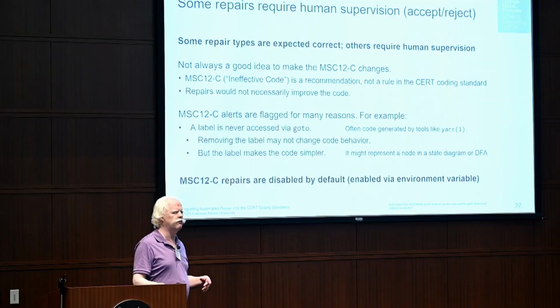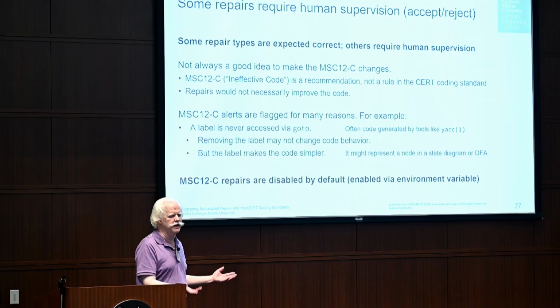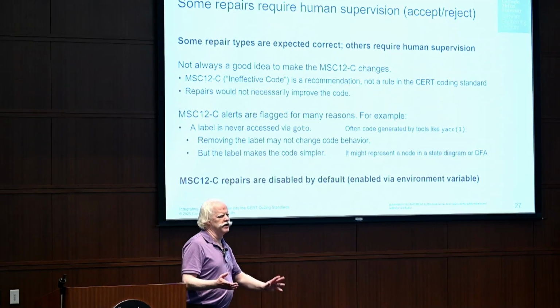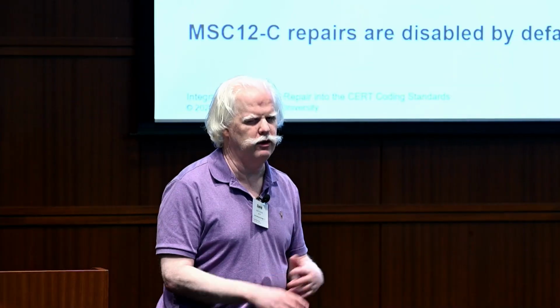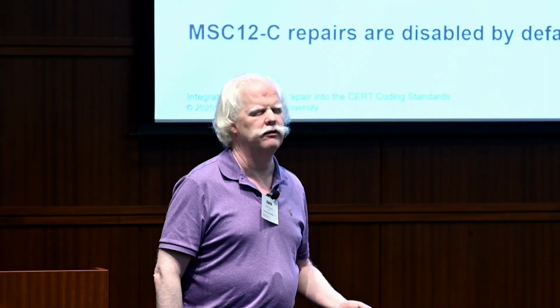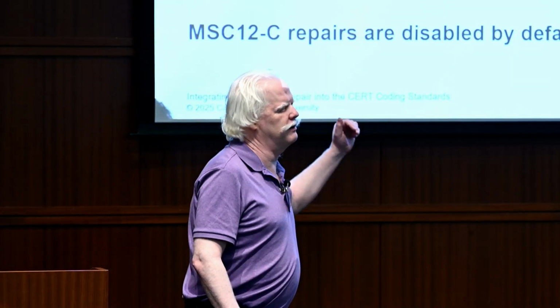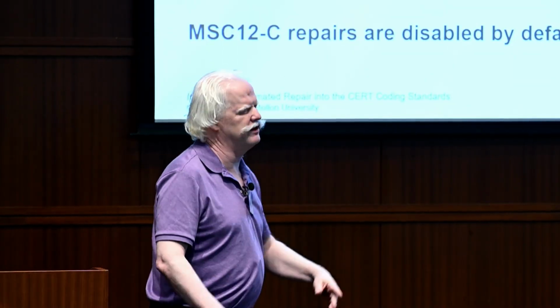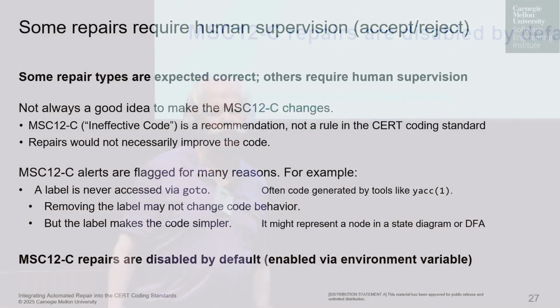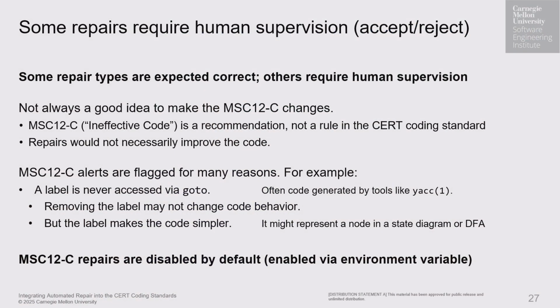So, if you want to go to state A, then you say go to A. And as you might guess, there are often labels there that nothing else ever goes to. So Yak and Bison create a lot of MSC 12 violations. And while we can remove those labels that are unused, it's probably a bad idea from a maintenance standpoint. So therefore, we disabled this repair, and we enabled it only if you set an environment variable when you run the code.